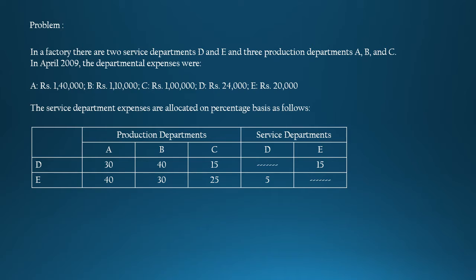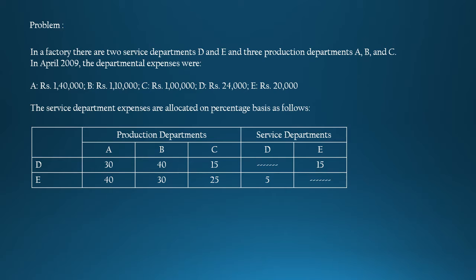D and E will distribute their expense among production departments and service departments, and their distribution proportion is given. When D will distribute its overheads among production and service departments, the proportion for A is 30, B is 40, C is 15 and E is 15.